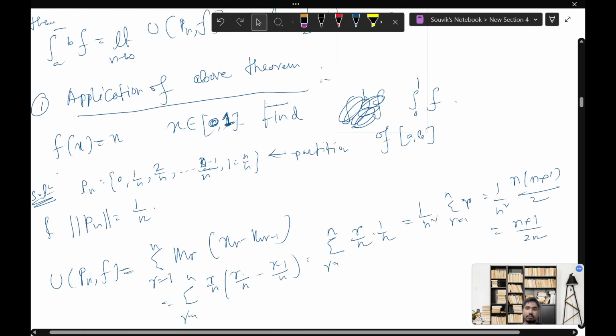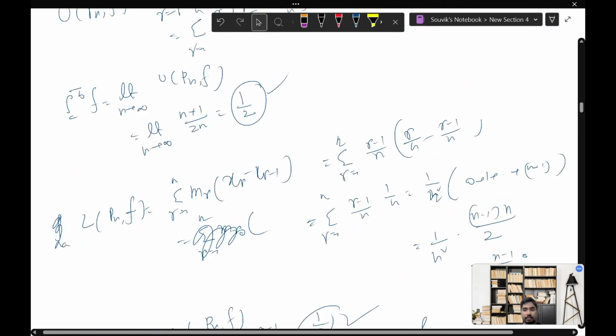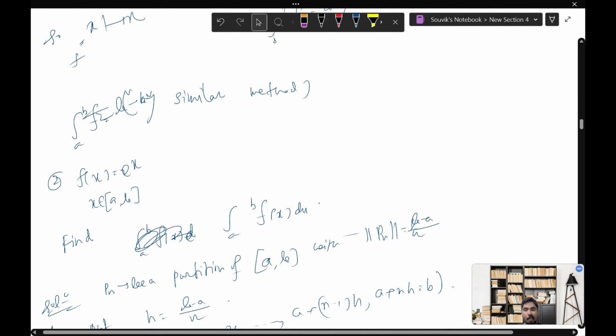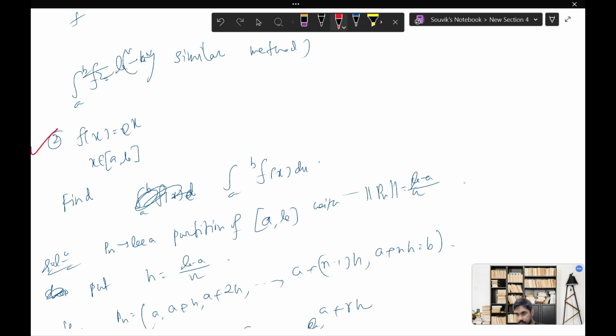As an application of that theorem, we showed that the identity map is Riemann integrable, and we found the value of the integral. Next, we took f(x) equal to e to the power x.